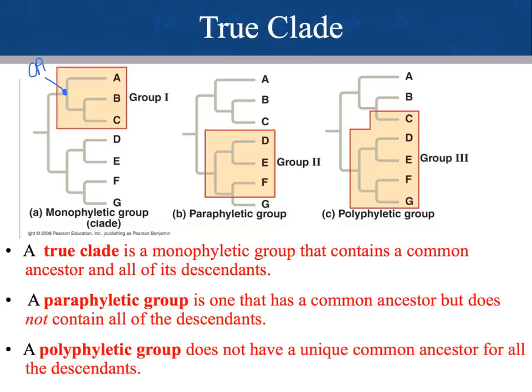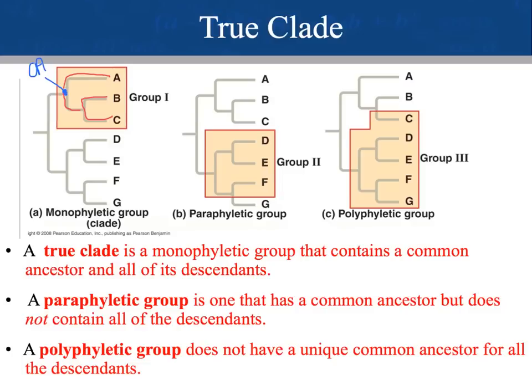And then if you look, you'd have a descendant here, so that's descendant number 1, and then the lineage splits again into two separate descendants, but they all originate from whoever this is right there. This would be a monophyletic group or a true clade. Everyone here is connected or related somehow to this originator down at the bottom. So that would be a monophyletic group: one common ancestor, all related.